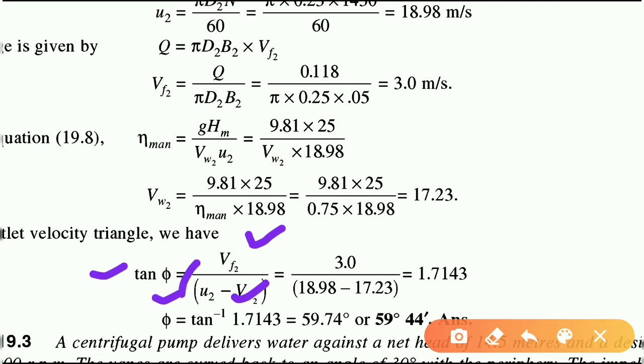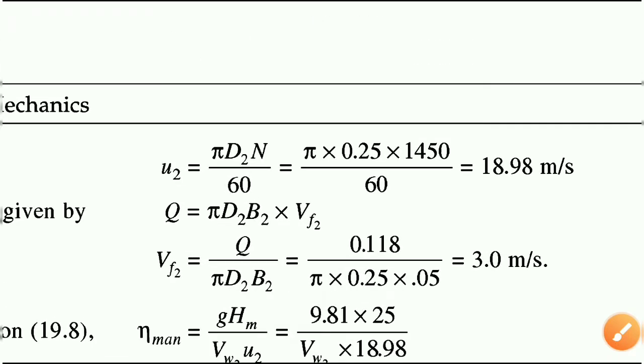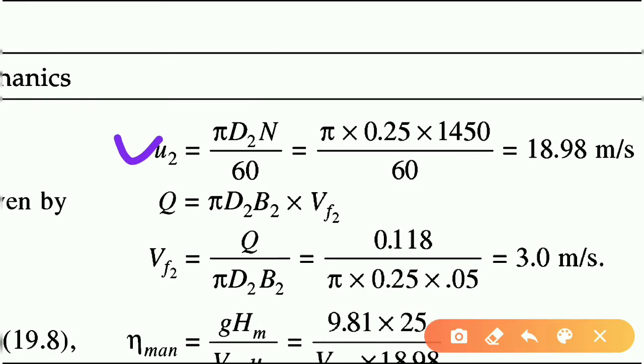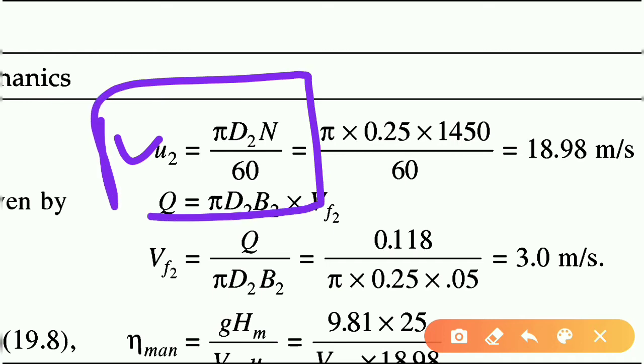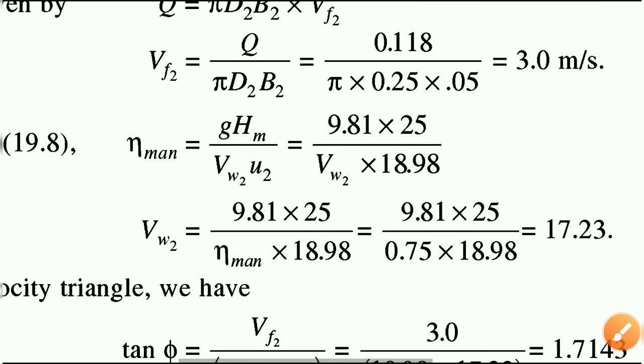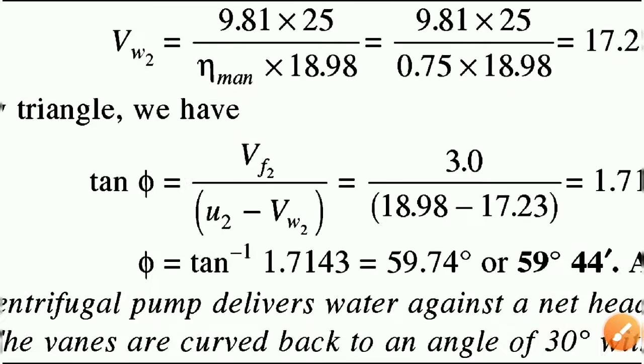So how to find this U2? U2 is the tangential velocity at the outlet, which can be found out by pi D2 N by 60. We know the value of D2, we know the value of capital N. So we can find out this U2 as 18.98 meter per second. So into this tan phi equation we have found out the value of U2.